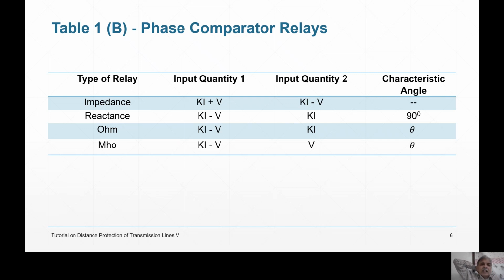So K into bracket IR minus IY plus V, meaning VRY. One has to take care of that. However, the relay manufacturers give everything readily inbuilt in the relaying unit, and you simply have to give voltage and current: 3 voltages and neutral.